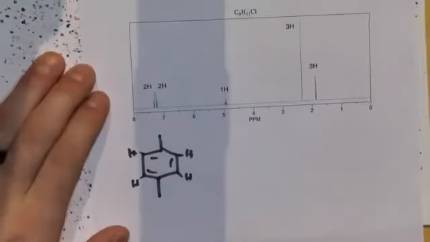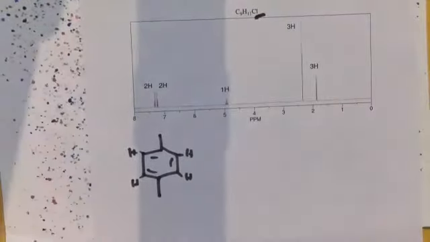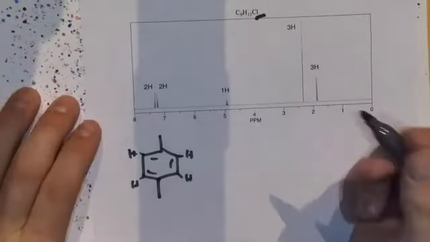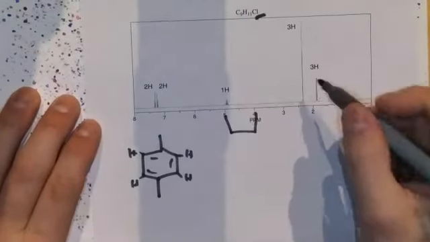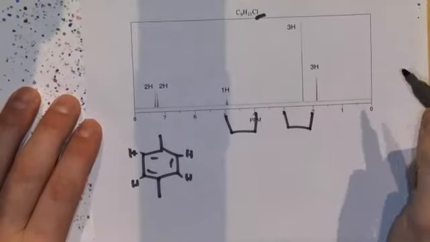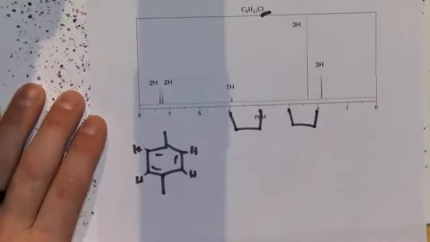Looking at our molecule, we have a chlorine in here. We've got a peak between 4 and 5, peak between 2 and 3. So our 2 and 3 is most likely on our ring.